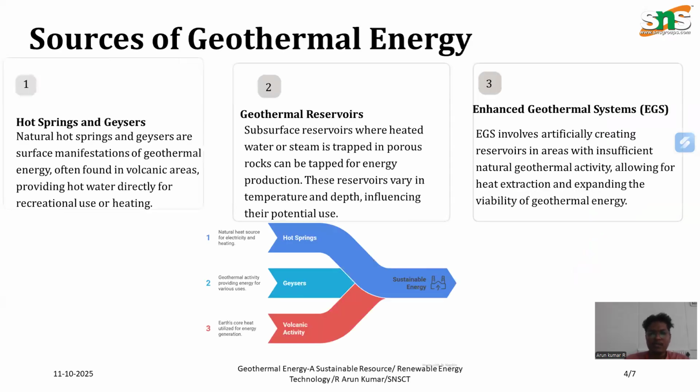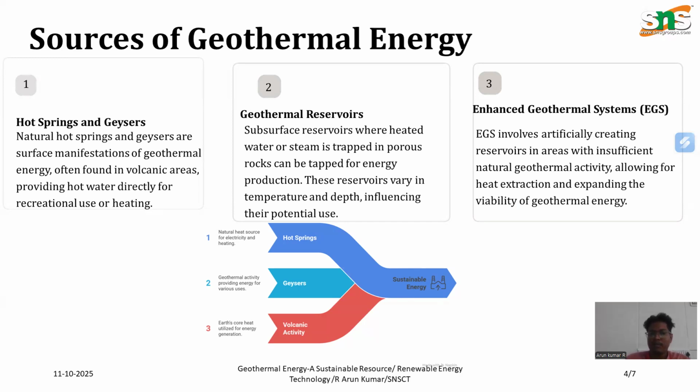What are the sources of geothermal energy? The primary ones are hot springs, geysers, geothermal reservoirs, and enhanced geothermal systems, abbreviated as EGS. First, natural hot springs and geysers are surface manifestations of geothermal energy, often in volcanic areas, providing hot water directly for recreational uses.